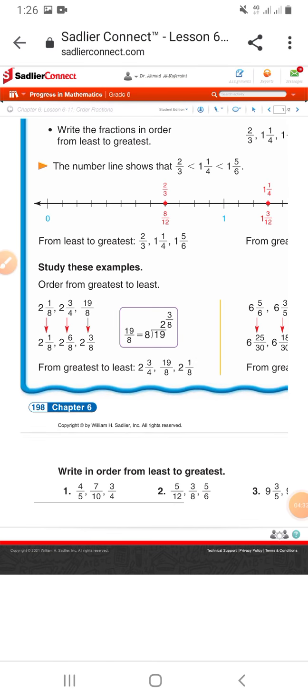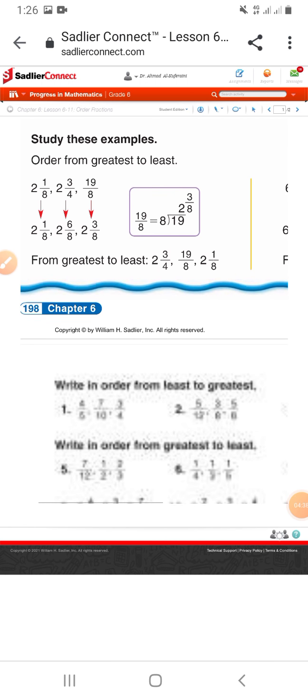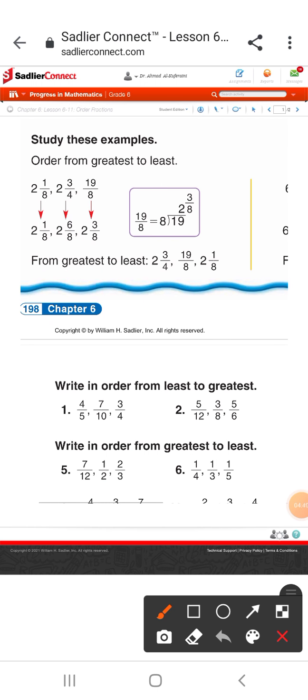As you can see here, we have 2 fractions with the denominator of 8, and we are working on this example. This one, the denominator is 8, and this one, the denominator is also 8. This one, the denominator is 4. How can we make the 4 into 8? We simply multiply it times 2. Let's multiply it by 2.